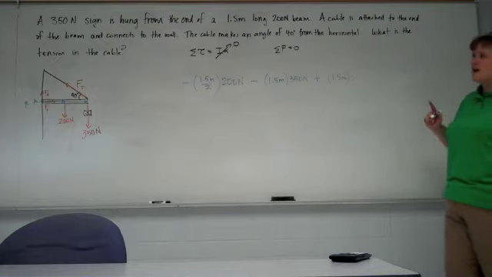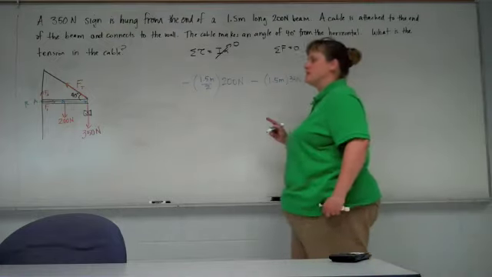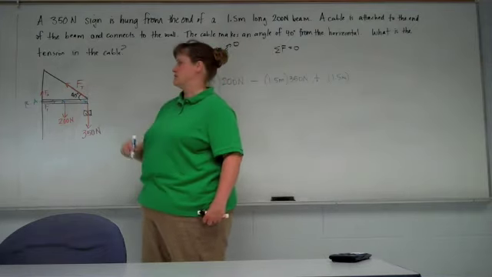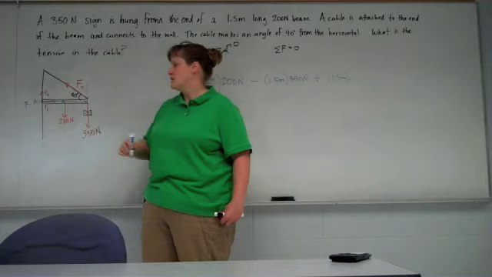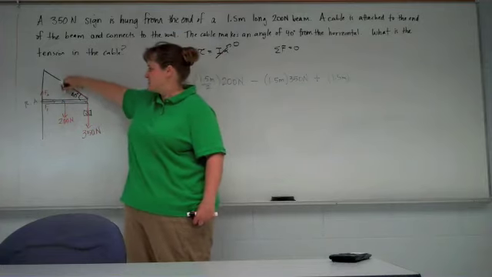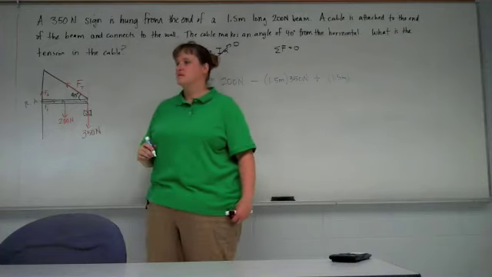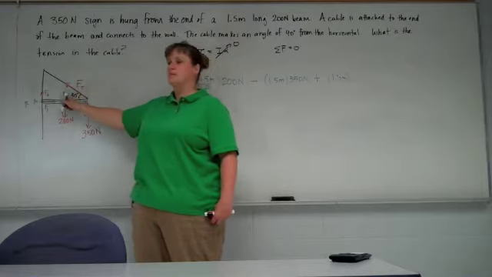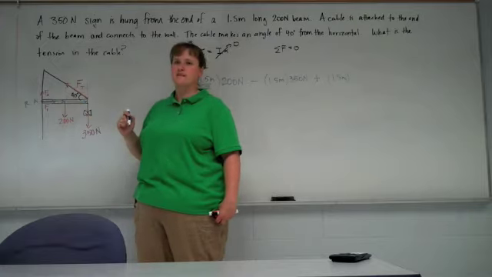Now it's only the component of tension that's perpendicular to the beam. We want this piece, which is the same as this piece. Force of tension is the hypotenuse, but we need the vertical side. How do we get the vertical side?